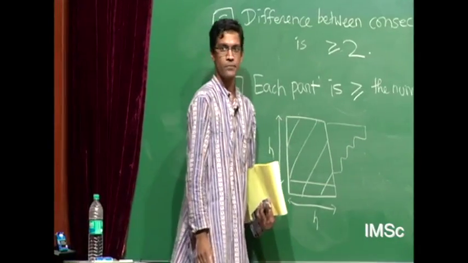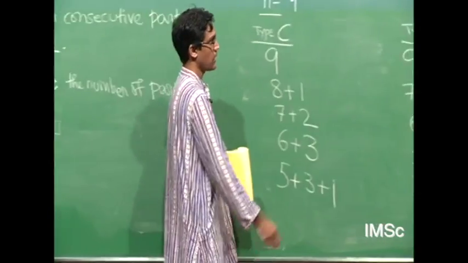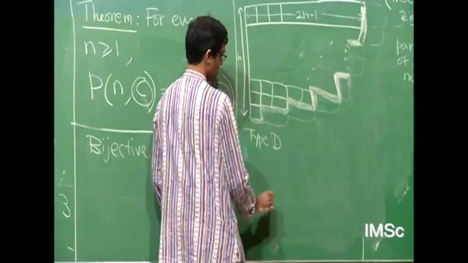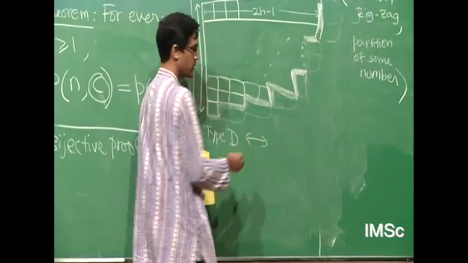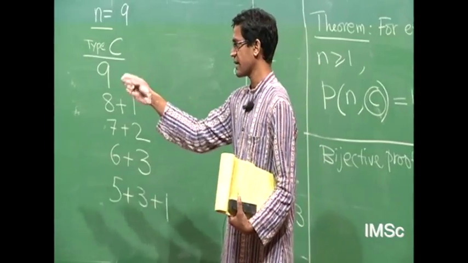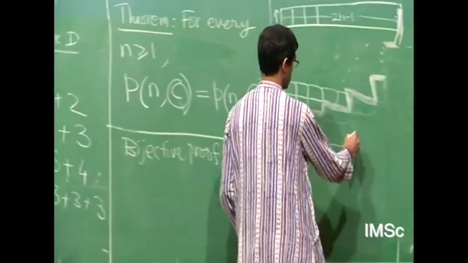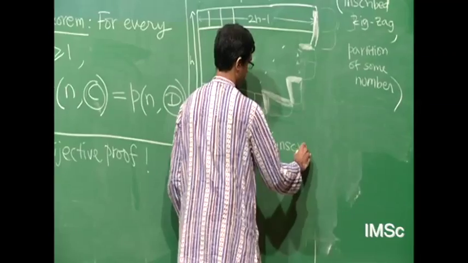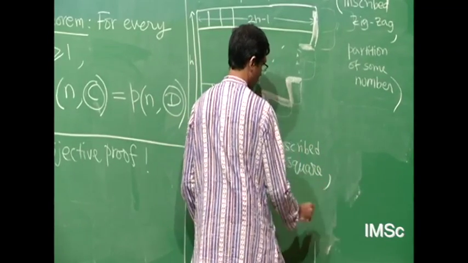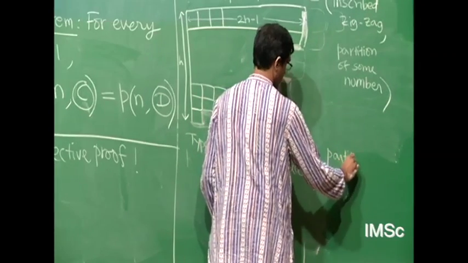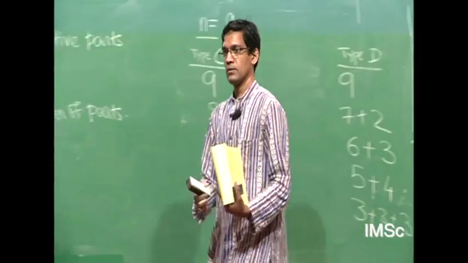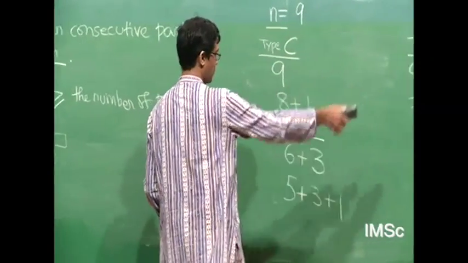So type D partitions can be cut into 2 parts: one, the inscribed square which you pull out, and what's to the right of the inscribed square is again some partition, a partition of some number. So type C and type D, we have both of them here.